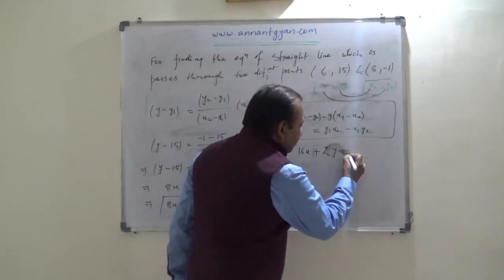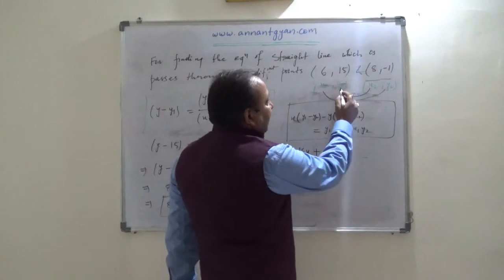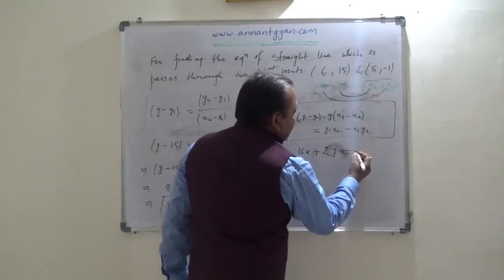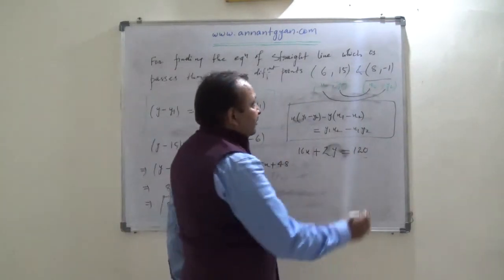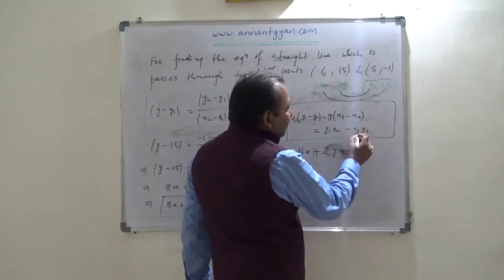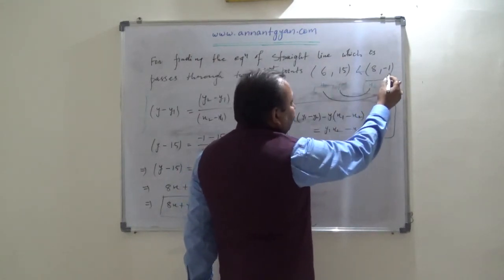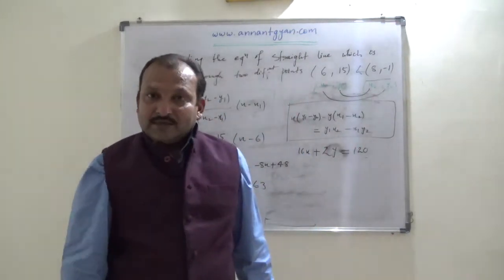That is equal to y1 into x2. y1 is this and this is x2. 15 into 8, that is 120. Minus x1 into y2. x1 is 6 here and y2 is minus 1. 6 into minus 1 becomes minus 6.